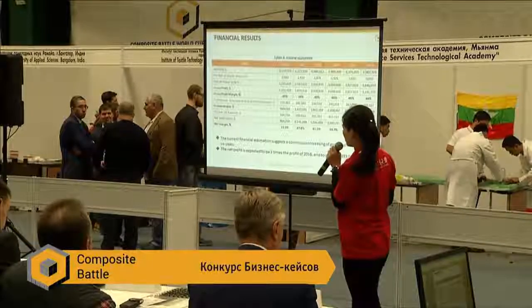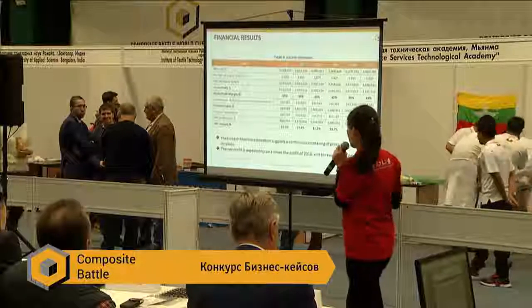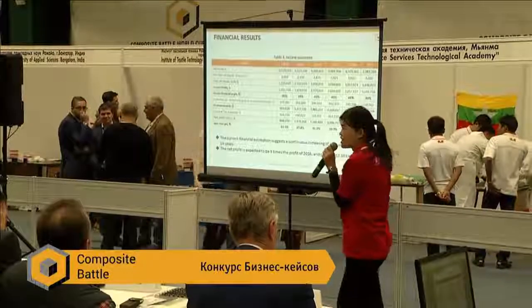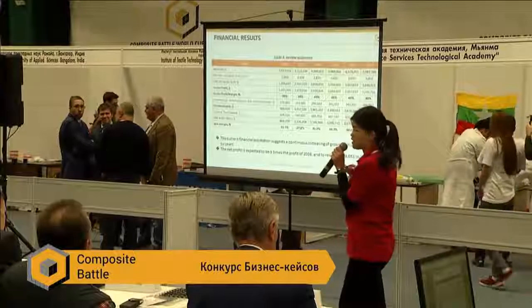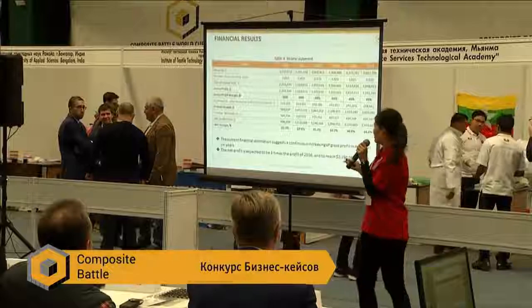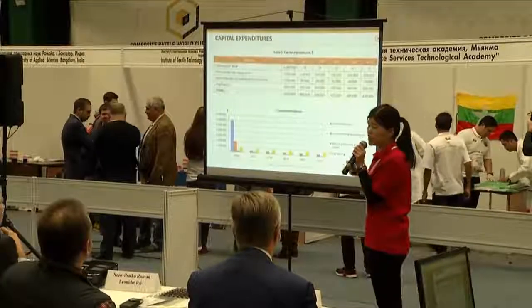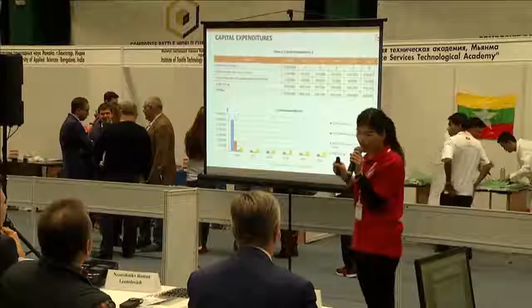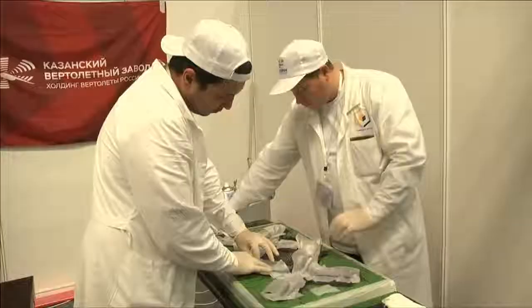From the financial results, we can see that a continuous increasing of gross profit is suggested for the next 6 years, and the net profit is expected to be 3 times of the first year. And for the capital expenditures, we need to invest $4.5 million, but for the next years, it will decrease.